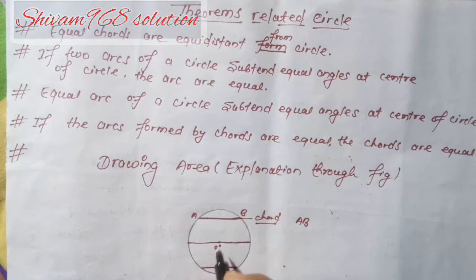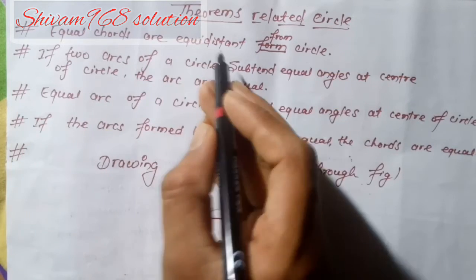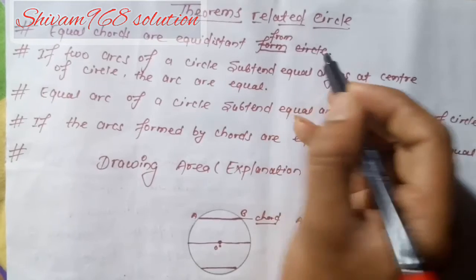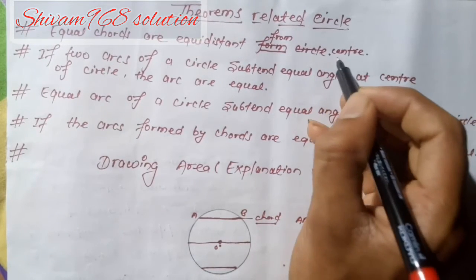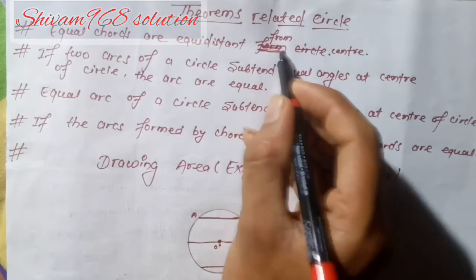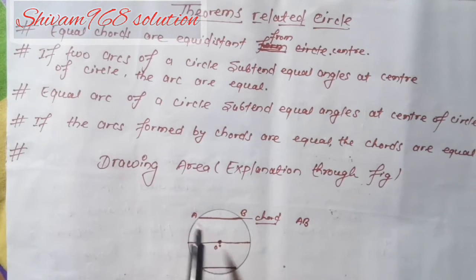So this is the center. Equal chords are equidistant from the center; there was a mistake, sorry for that, so I erased this. Now let me show you: this is the center of the circle, and AB and CD are chords. If they are equal, they will be at an equal distance.